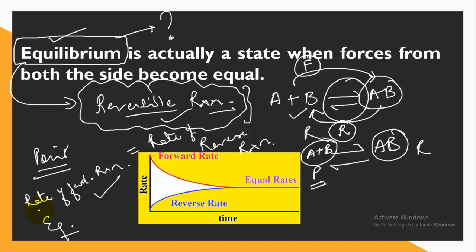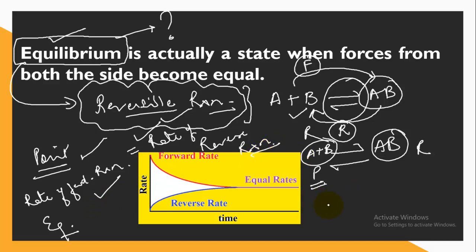So at equilibrium, the rate of forward reaction becomes equal to the rate of reverse reaction, but it is not that the reaction stops. Only the rates become equal, that is, the speed with which A and B are getting converted into AB becomes equal to the speed at which AB is getting dissociated into A and B. So equilibrium is a point when the rate of forward reaction becomes equal to the rate of reverse reaction.